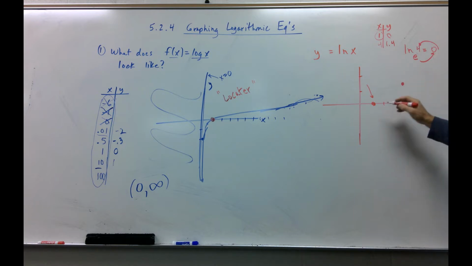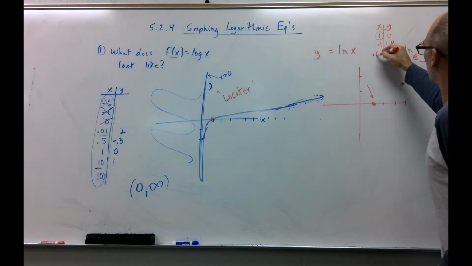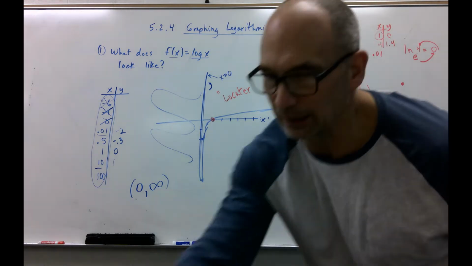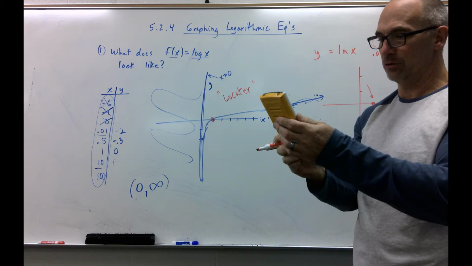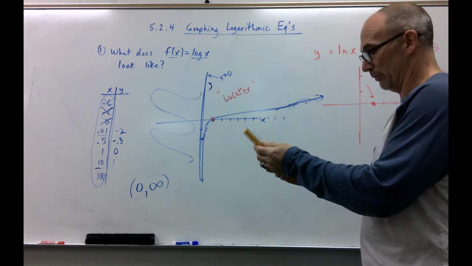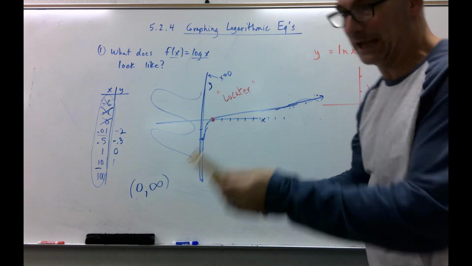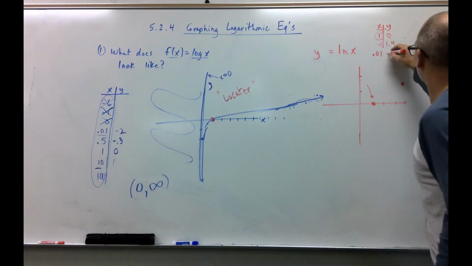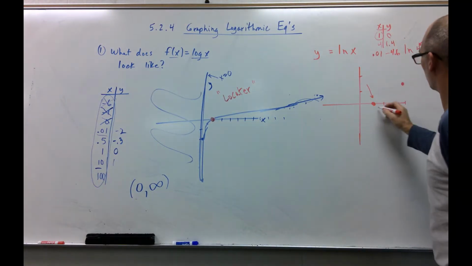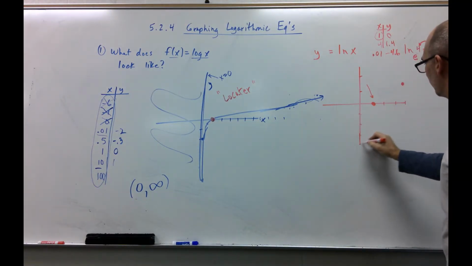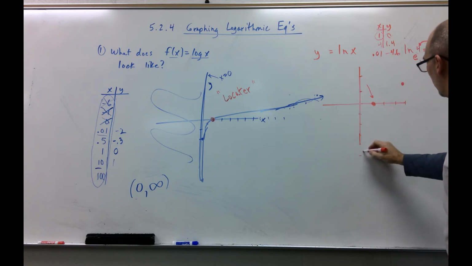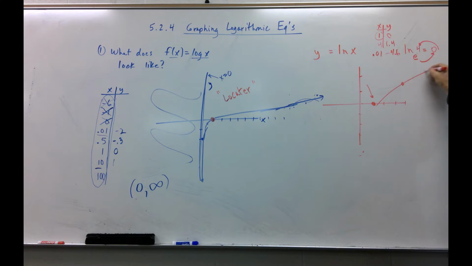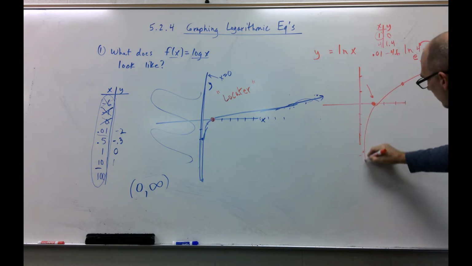And if I typed in, let's go ahead and do the old 0.01 trick just to see what it does really close to the asymptote there. 0.01. And I get -4.6. Negative 4.6. So really close, 1, 2, 3, 4, 5, right about here. So just here, here. And as you can see, very, very similar.